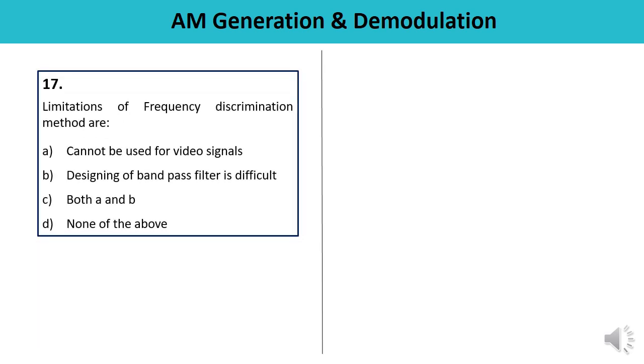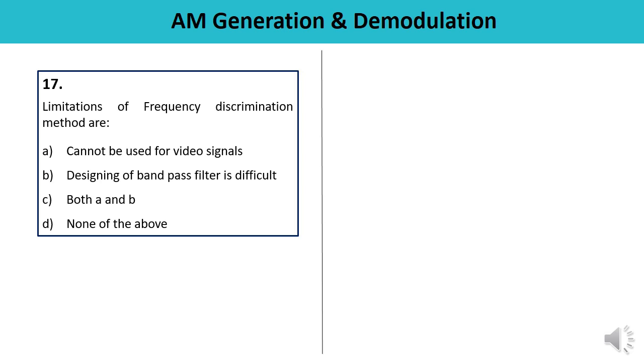Question number 17 is about limitations of frequency discrimination method. What are the limitations? It cannot be used for video signals. Designing of bandpass filter is difficult. Both A and B, and none of the above. Limitations of frequency discrimination methods are actually that the baseband signal must be appropriately related to the carrier signal frequency, and the designing of the filter is difficult.